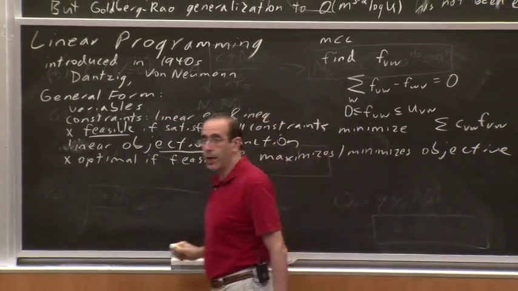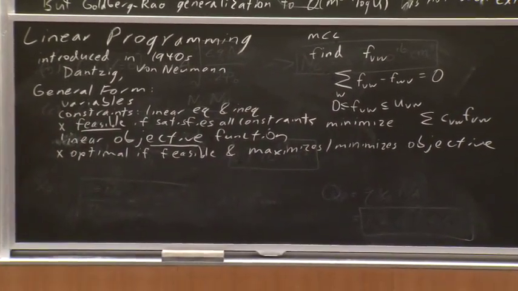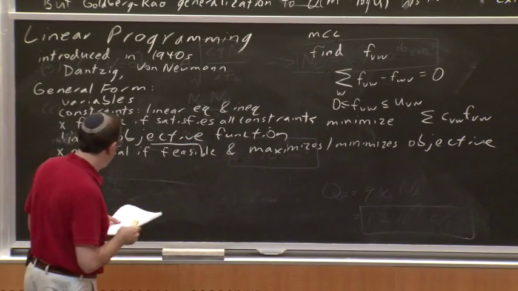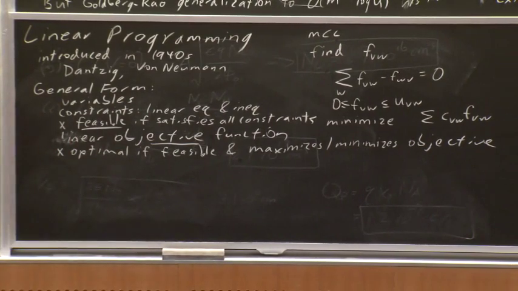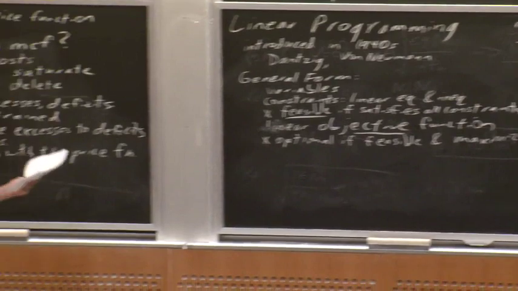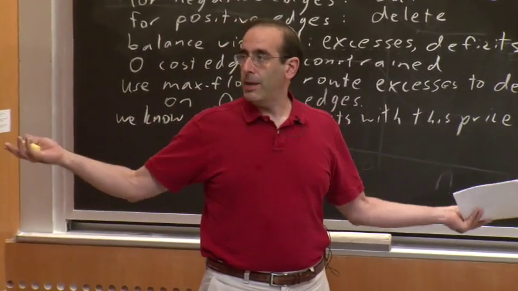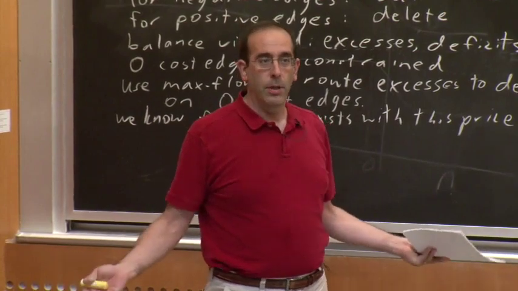So sometimes we'll look at a maximization linear program, and other times we'll look at a minimization linear program. Okay. So now we've got a very general problem statement, right? Here are some linear equalities and inequalities. Find me a feasible x that optimizes my objective function. Okay.